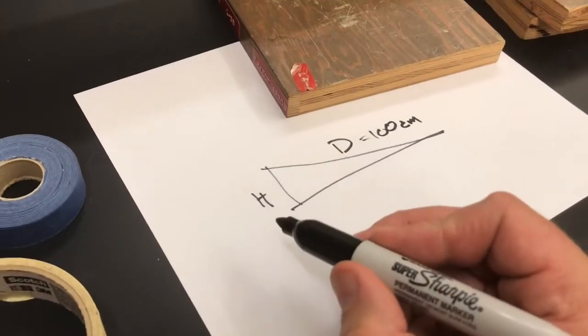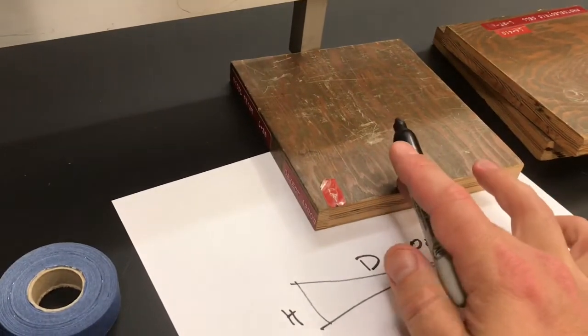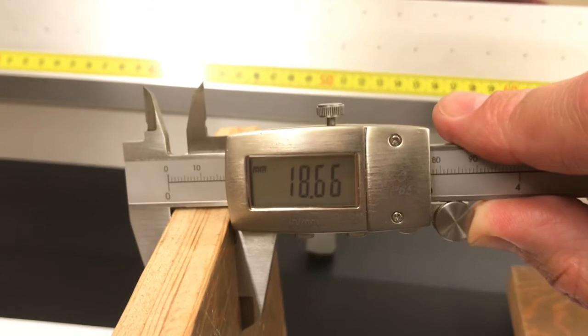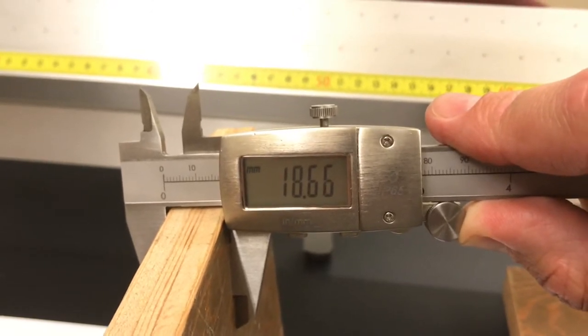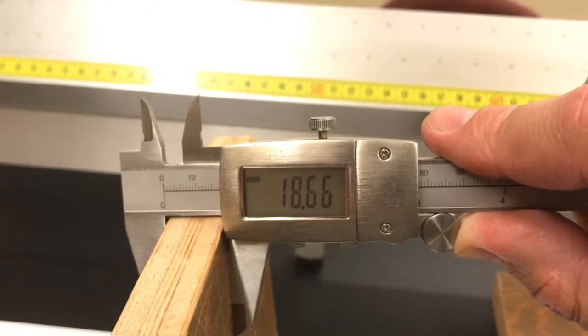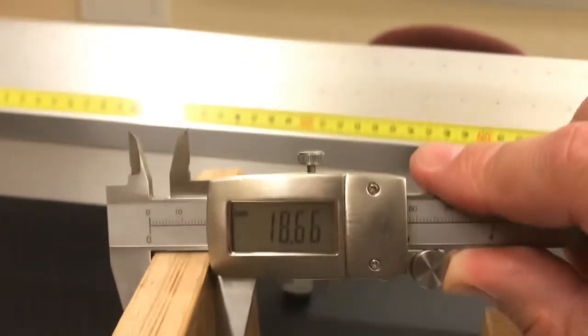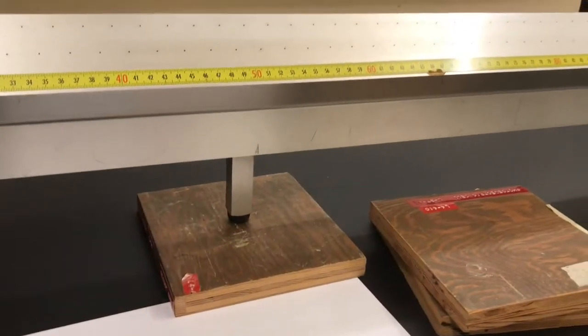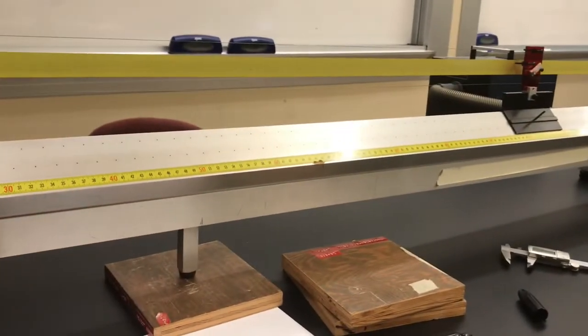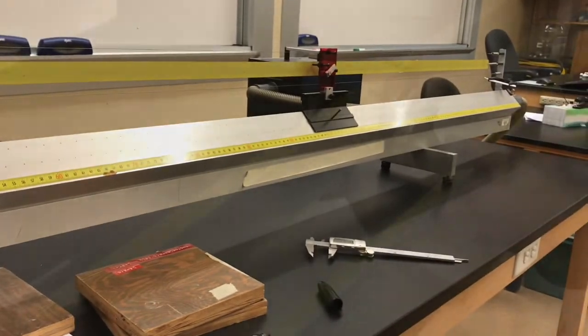And H is going to depend on the thickness of this block and how many blocks I have underneath the foot. So it looks like for one block, we've got a thickness of 18.66 millimeters. So if we want to record that in centimeters, it would be 1.866. So there's the track set up on the block. I'll go ahead and set up the tape, and we'll record with the spark tape again.